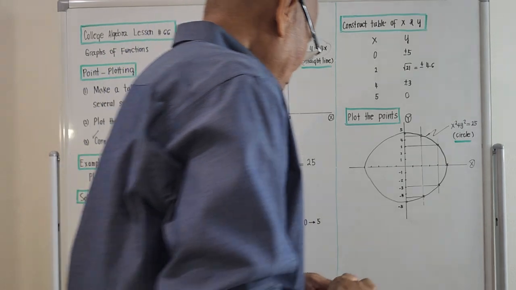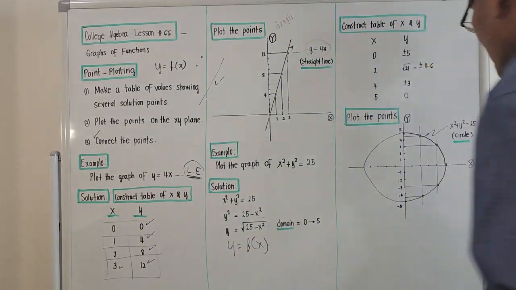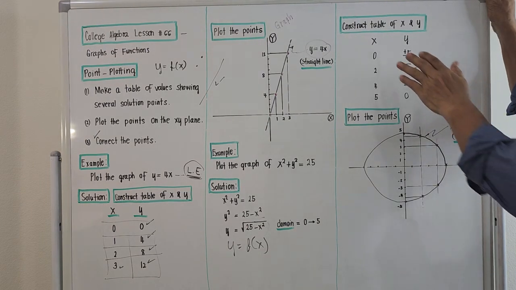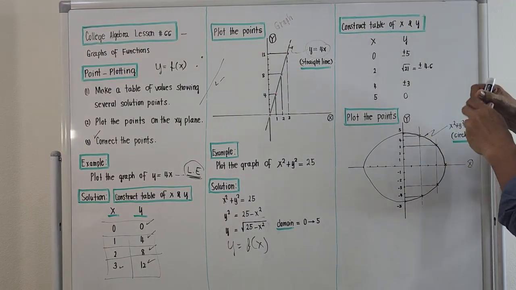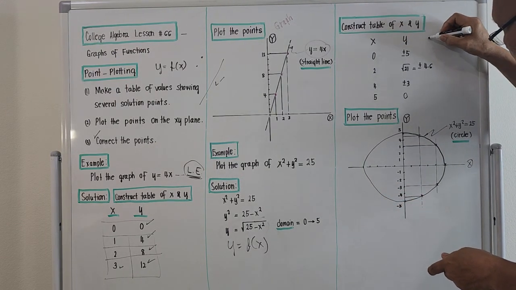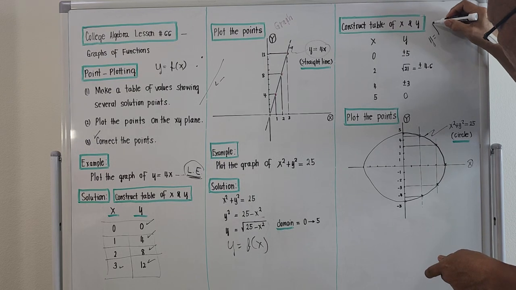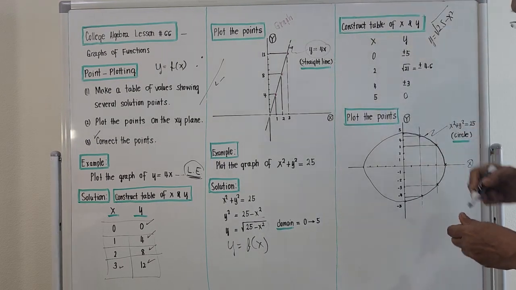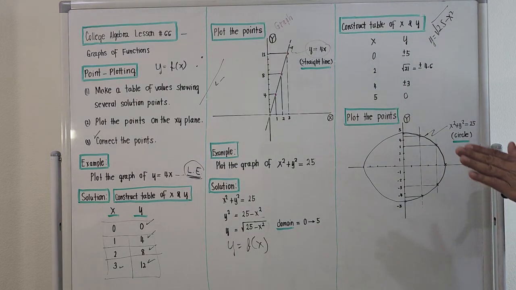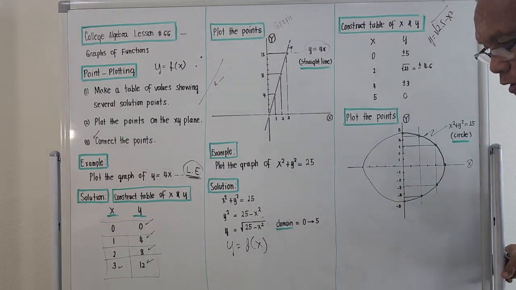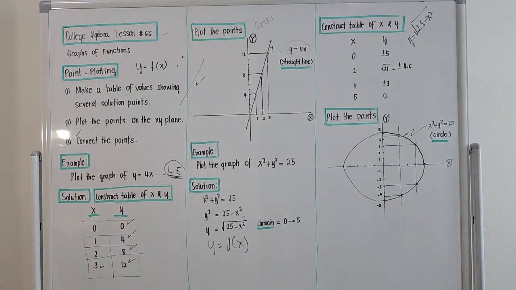Okay? And to start the construction of the plotting of the graph, we will construct first the table of x and y, by using the derived equation y equal to the square root of 25 minus x squared. Again, we put a value for x, we compute for the corresponding value of y, right?